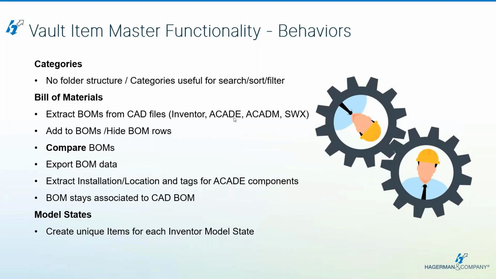With Vault items, when you extract the item information or the part number information from an Inventor part or assembly, each model state can become an item record that is separate from the CAD file, but again, still linked to it. That's an overview of what items are and what capabilities they have.